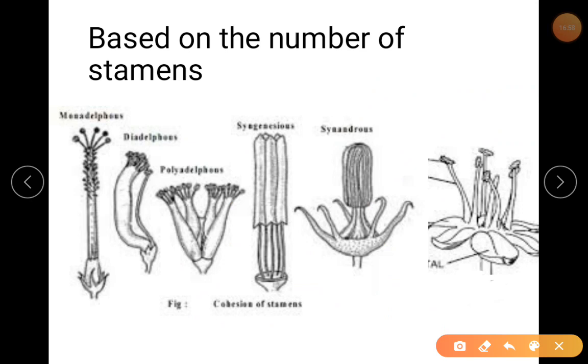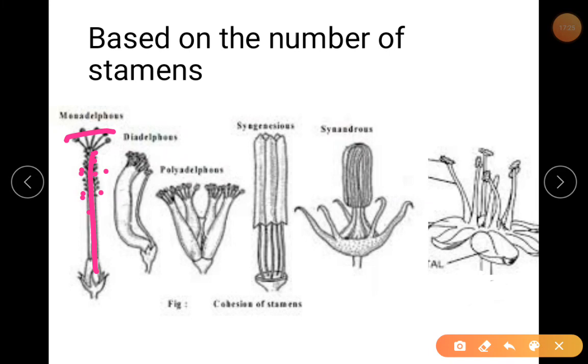You can find the hibiscus portion here, and that has all over here the anthers, the yellow color portion, and these are your red color portion. So the yellow color portion, all those are anthers, and they are all fused to form one filament. All are fused, filaments are fused, anthers are free.